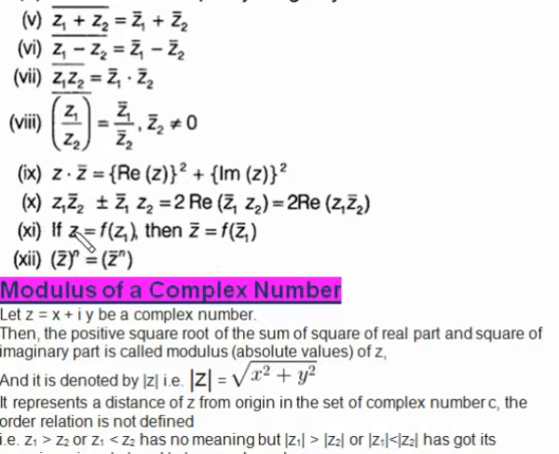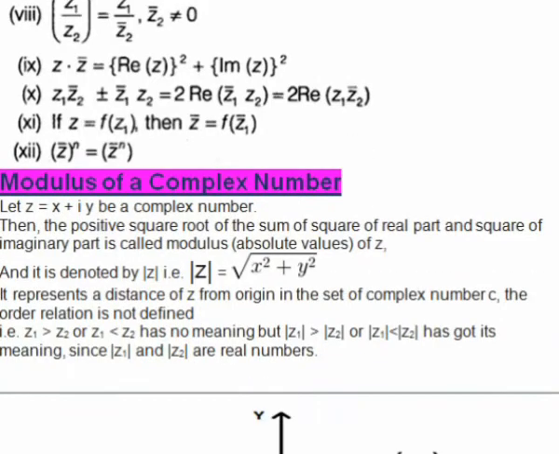If the complex number z is equal to a function of z1, then the conjugate of z is also equal to the function of the conjugate of z1. The conjugate of z to the power n is equivalent to the conjugate of z, to the power n. By this way we find the conjugate.